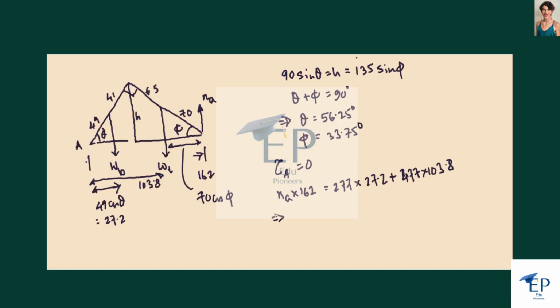So from here you can solve N_A to be 350 Newton. So force through each arm equals half of N_A equals 175 Newton.